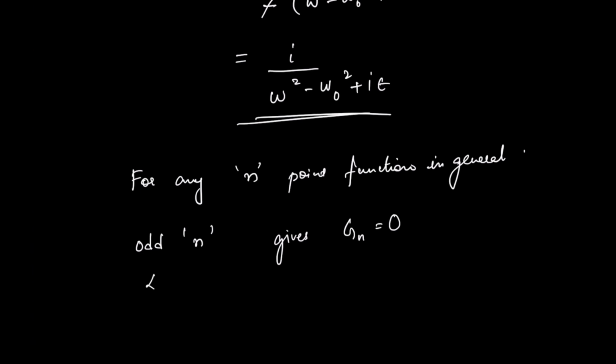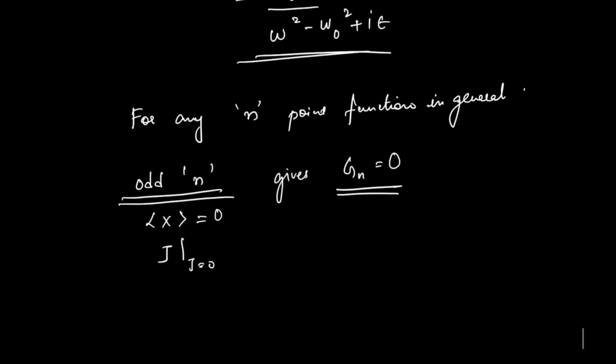For example, the 1 point function will give you 0, because there will always be a J left in the numerator, and when you put J equal to 0, Gn will go to 0. So for all odd n, Gn is equal to 0.